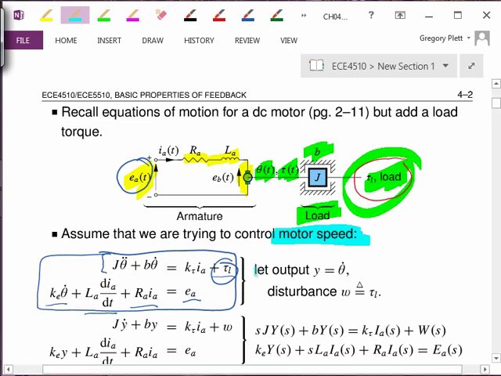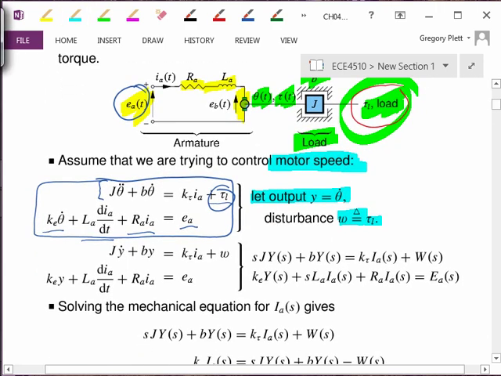So we're saying let the output Y from our system, our value of interest, be theta dot. And again, the disturbance, W, is going to be equal to tau, the load torque.